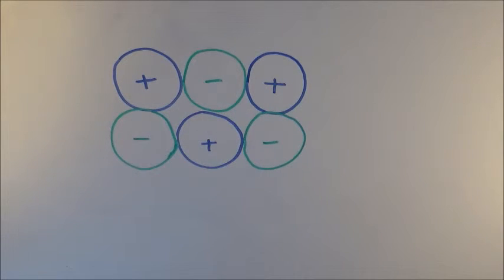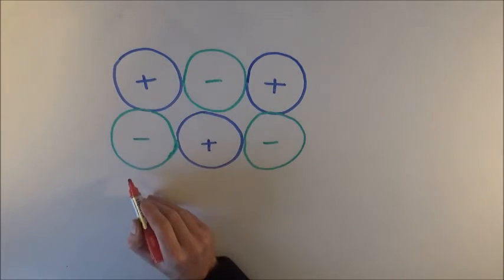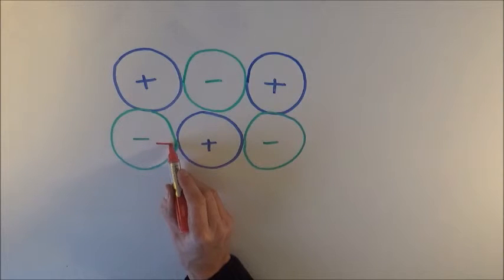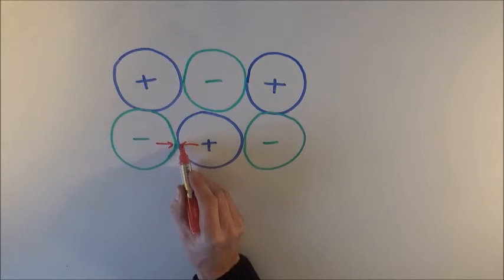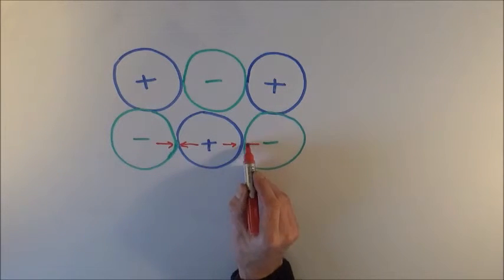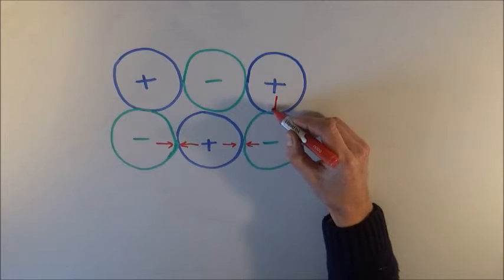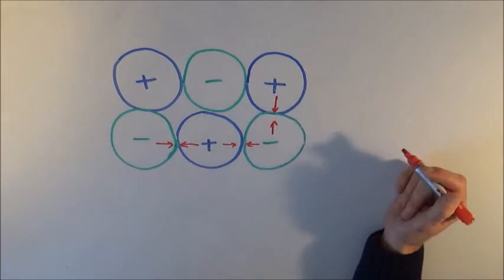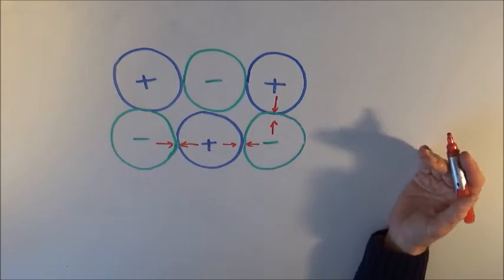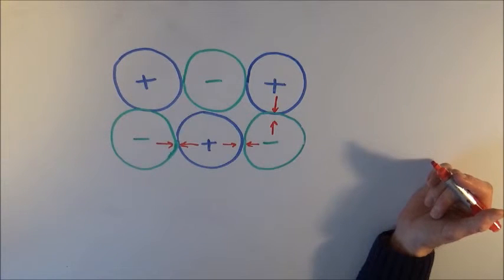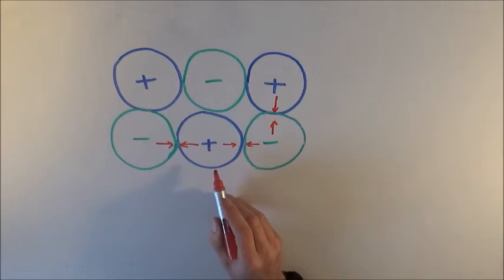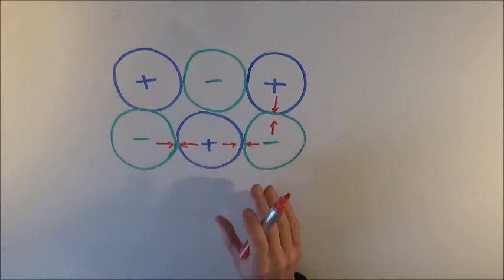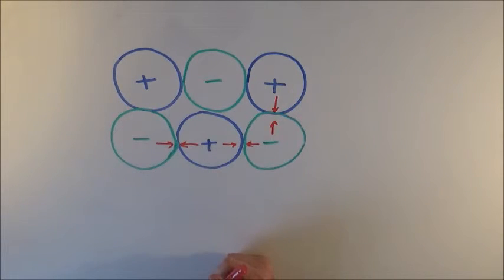So what they do is they look at the attractive forces between the oppositely charged ions. Obviously negative ions are attracted towards positive ions, and these forces of attraction can be calculated using an equation, but we don't need to be concerned about the equations. But the point is that the bigger the charge is, the more powerful these attractive forces.